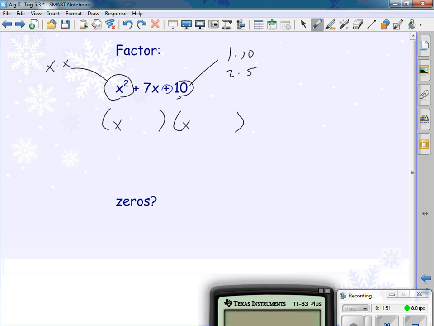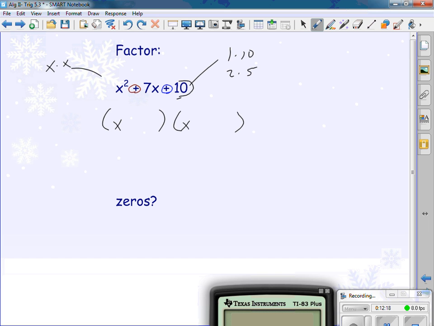Look at this right here. What sign is that? Positive. How can I multiply and get a positive? 2 negatives or 2 positives. This middle term, if we're thinking of this as undistributing, unfoiling, what's this sign?